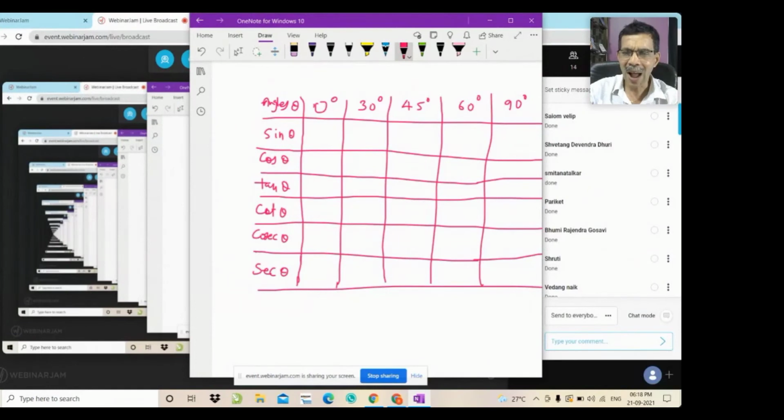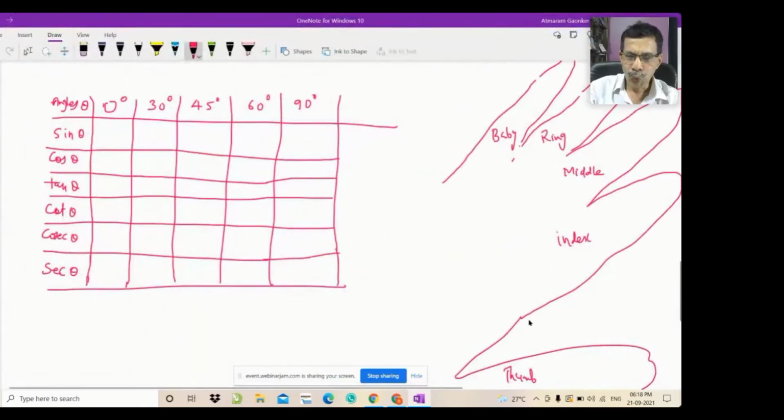Once you do that, I will tell you one more exercise. Yes, right at a stretch. Yeah, thumb, index, middle, ring finger, and the baby finger. That's very right.